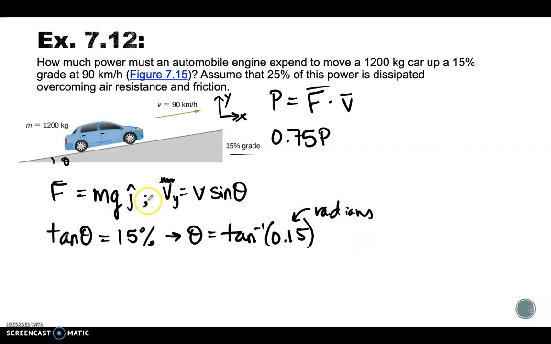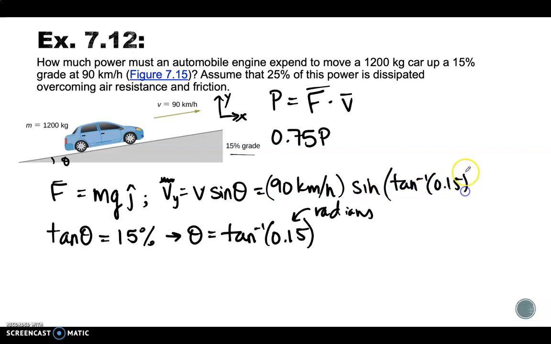So our y component of velocity is 90 kilometers per hour times sine of tan inverse of 0.15.